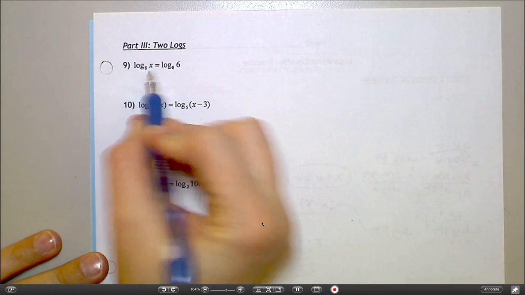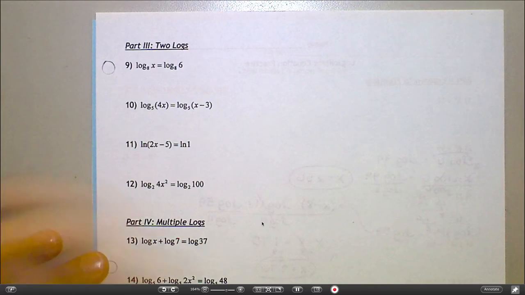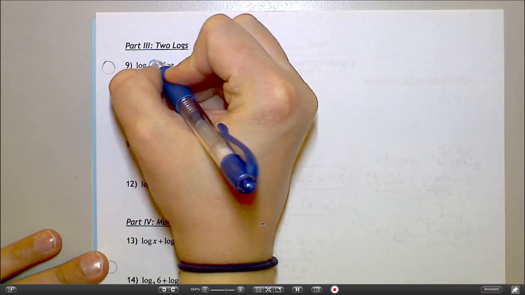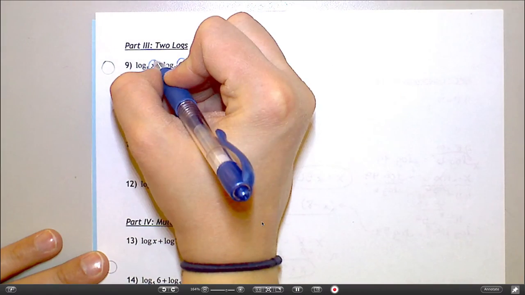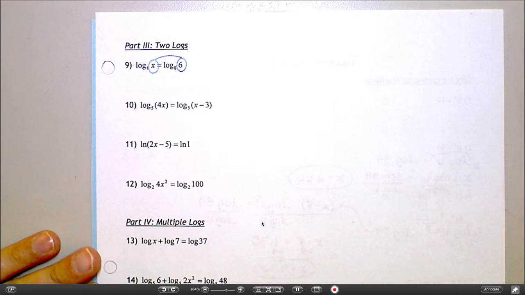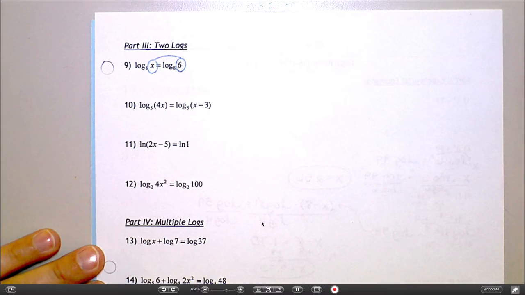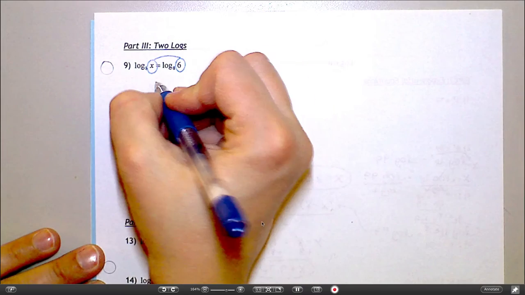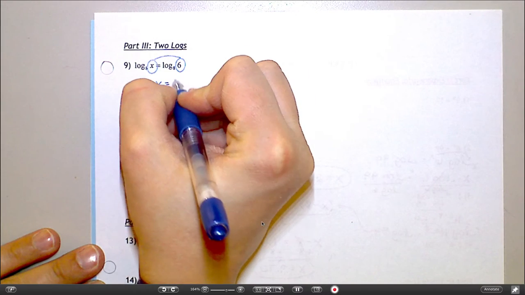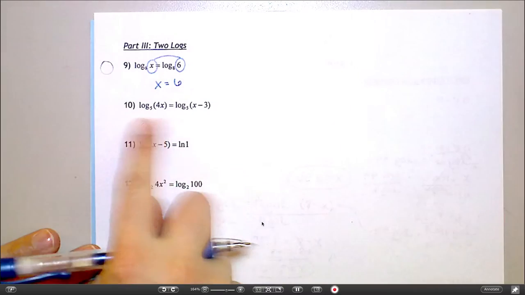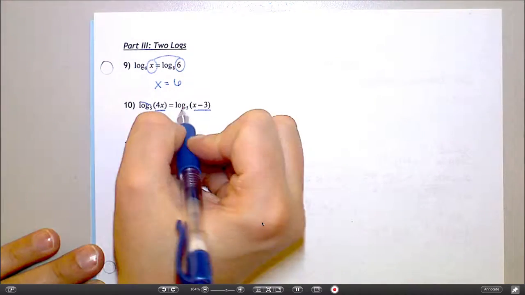So when I have something like this where these logs are exactly the same on each side, I know that this has to equal this. I know that those two things have to be equal to each other. So this is the easiest problem on the whole page, right? What does x equal? 6. Yeah, x equals 6. With all of these, you're just taking this and making them equal to each other, dropping the log.